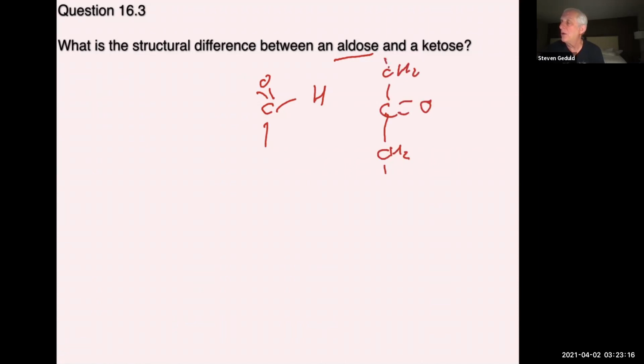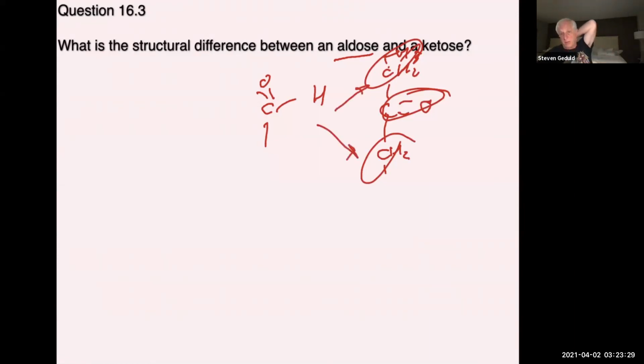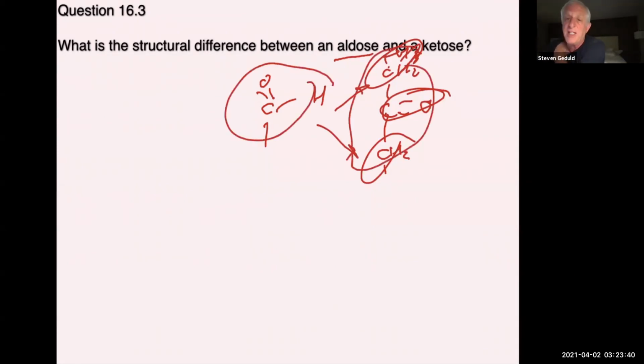A ketose has a ketone group at the end. So our group here and our group here, your carbonyl carbon. If one of these was a hydrogen, then it'd be an aldehyde. But it's a ketone, so it's a ketose. The one with the aldehyde functional group is called an aldose, and the one with the ketone group is called a ketose.